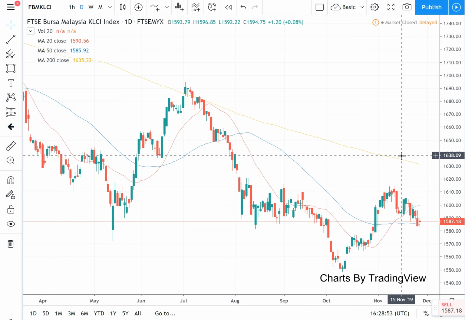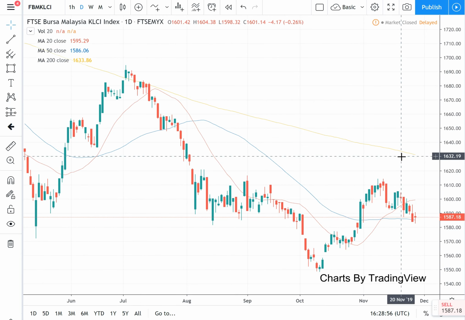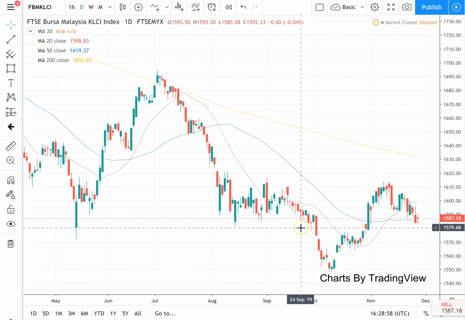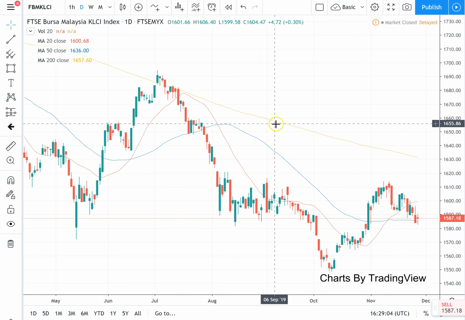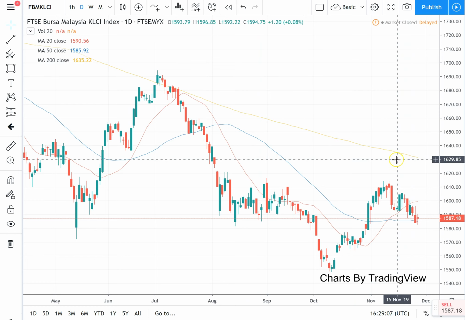Now, having said that, there is a possibility that the KLCI might bounce back up. Just because the KLCI is below the declining 200 MA, it does not mean there won't be bounces up.